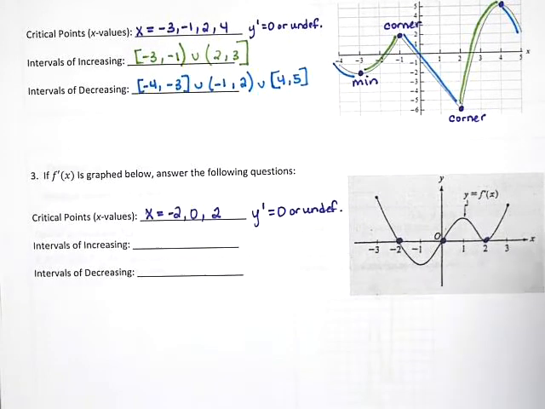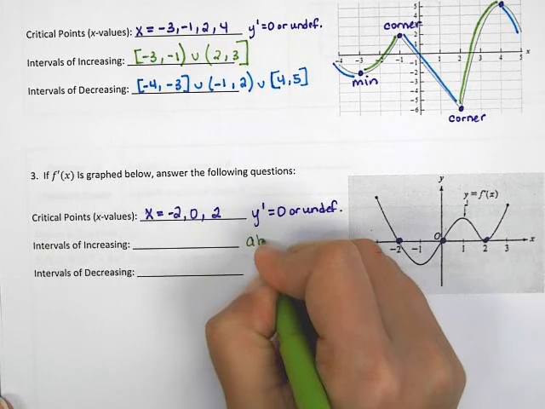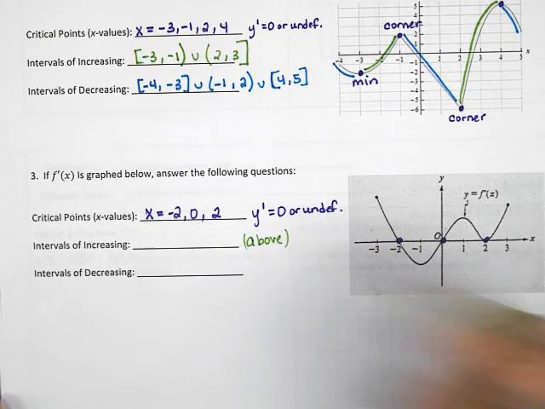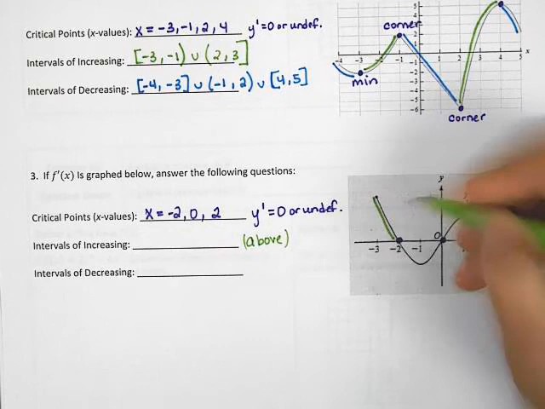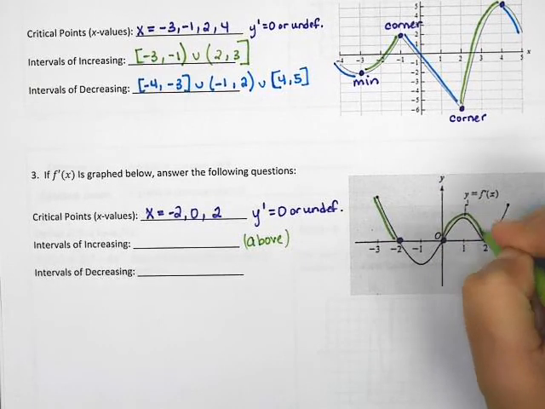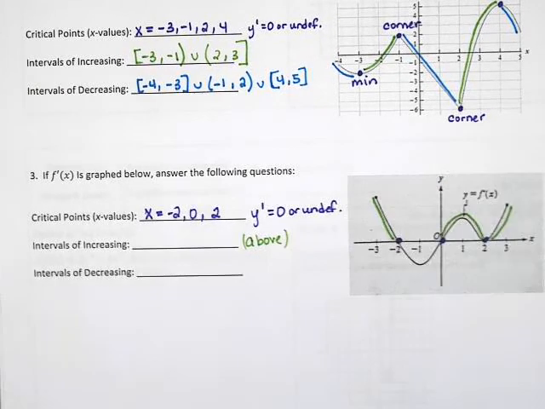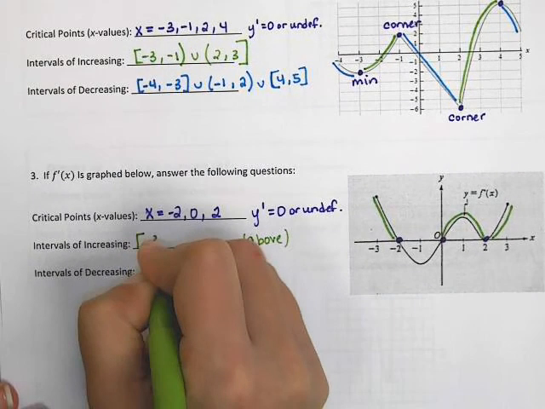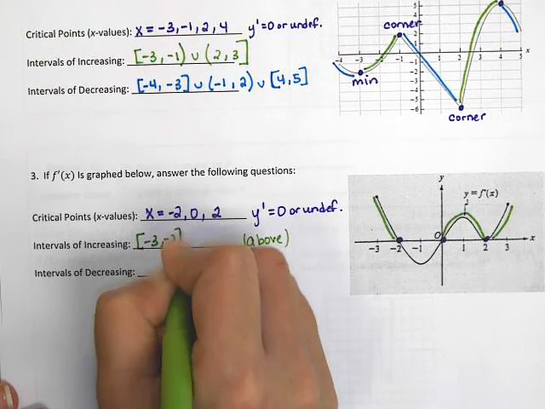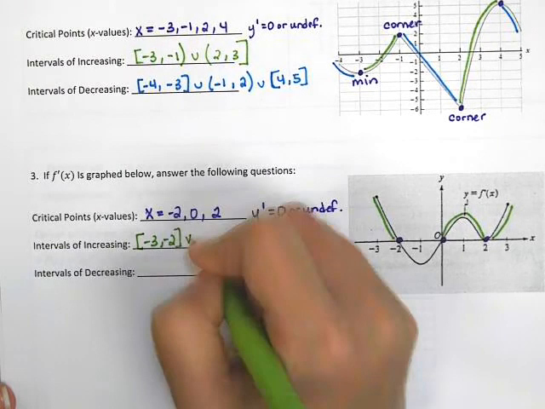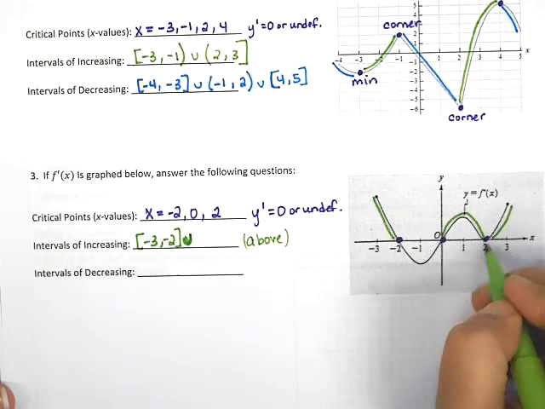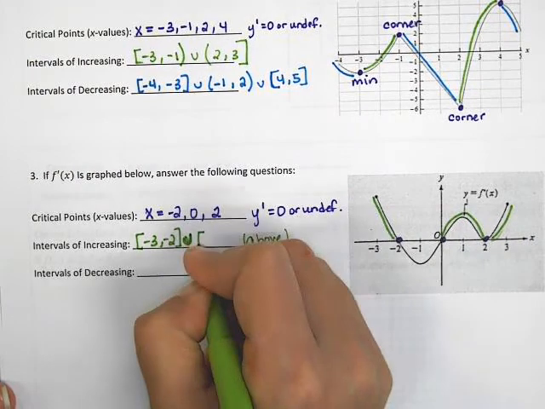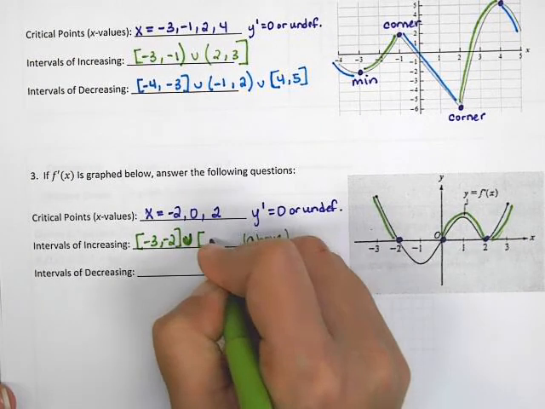If I were looking for intervals where I'm increasing, that would be where the graph is above the x-axis. So I would look at this guy, this guy, and this guy, which means I would say -3, -2, and now because this stays above and doesn't ever cut off, I can just list this as one big interval from 0 to 3.